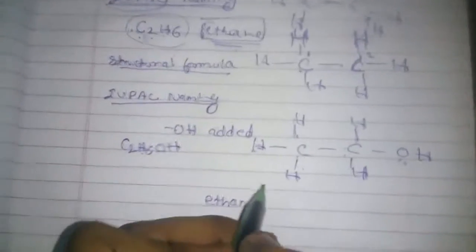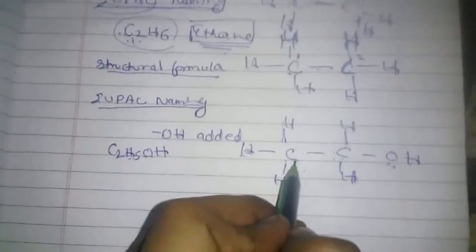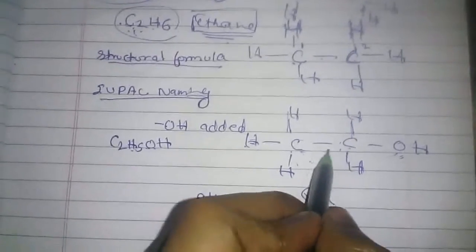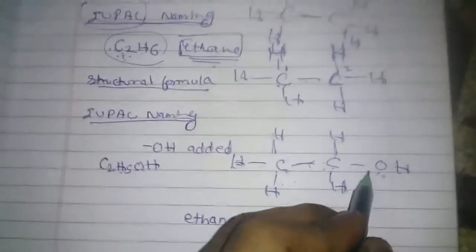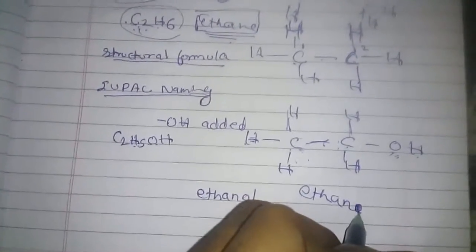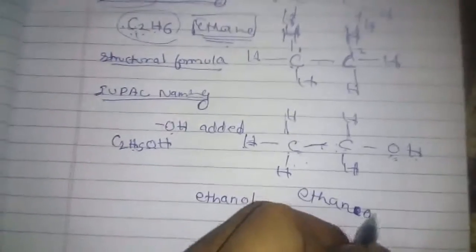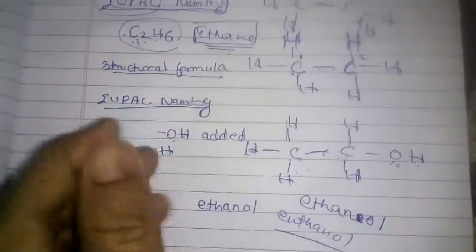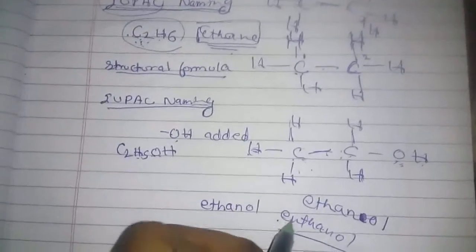The name: presence of 2 carbons is ETH, the parent name. Presence of a single bond between carbons is ANE, but because of the OH group, the E will be erased and OH is denoted by OL, so that is ethanol. Similarly for other compounds, it will be propanol, butanol, etc.